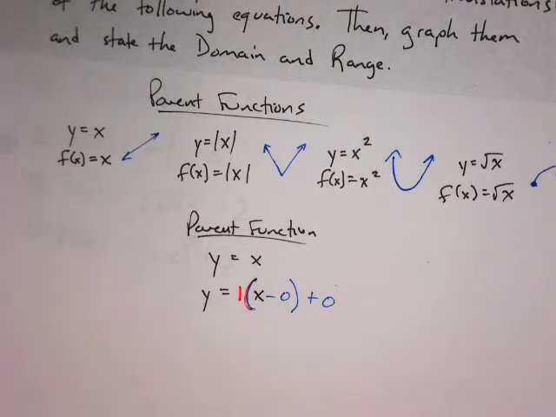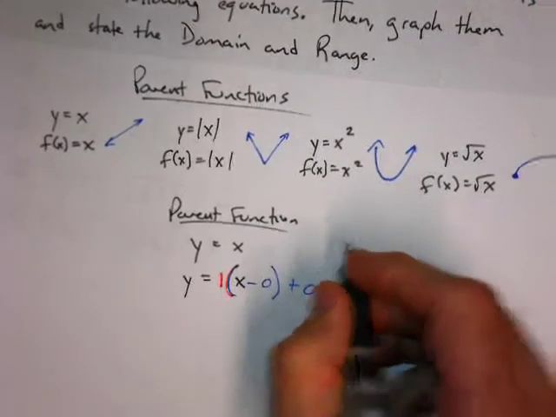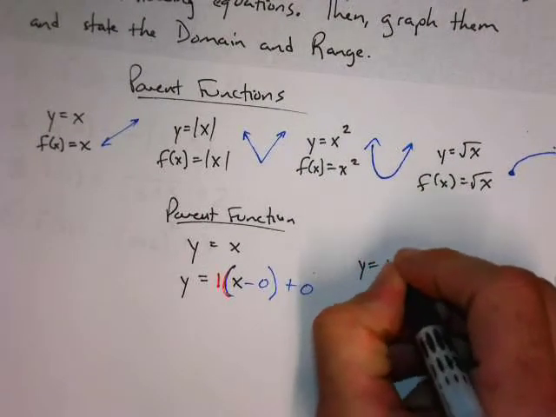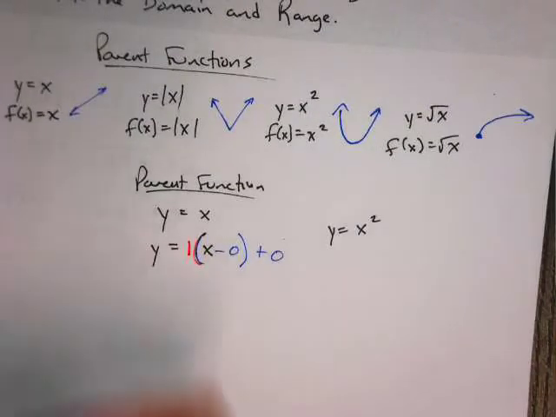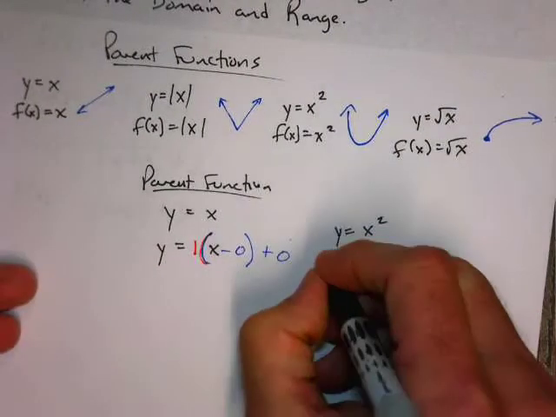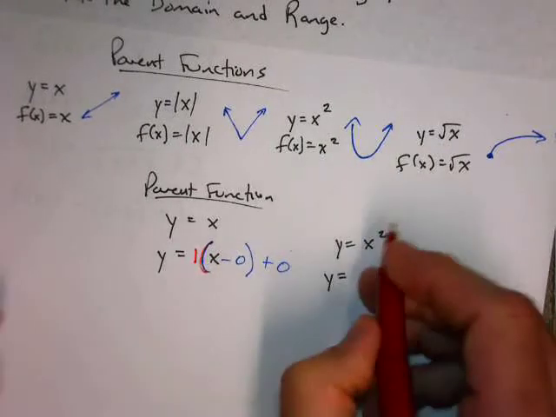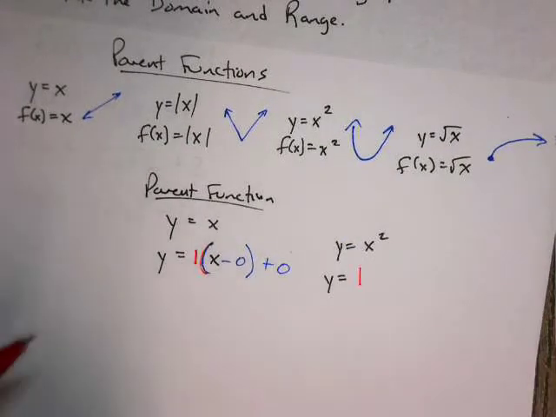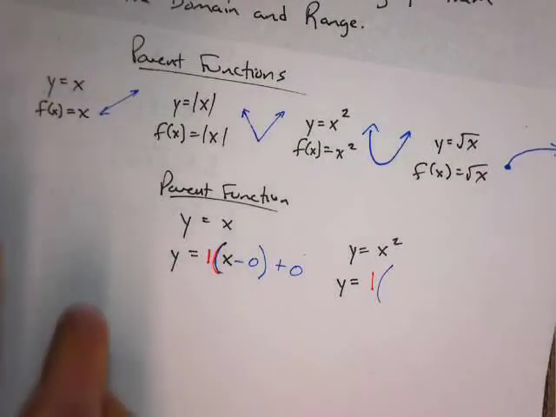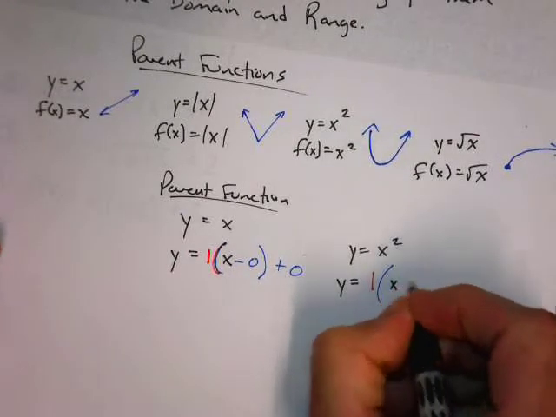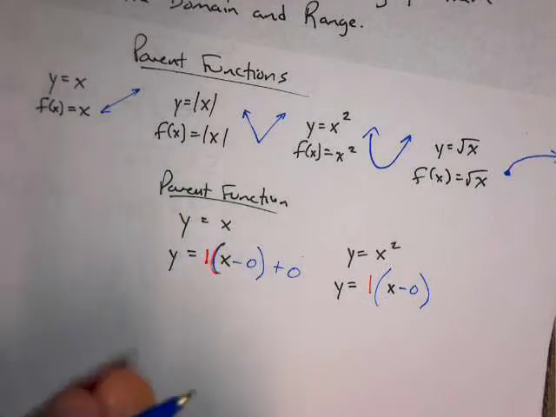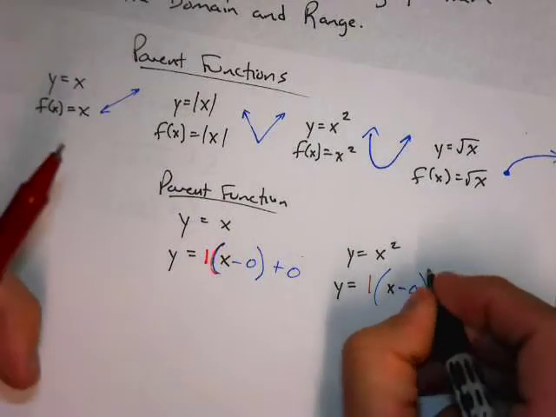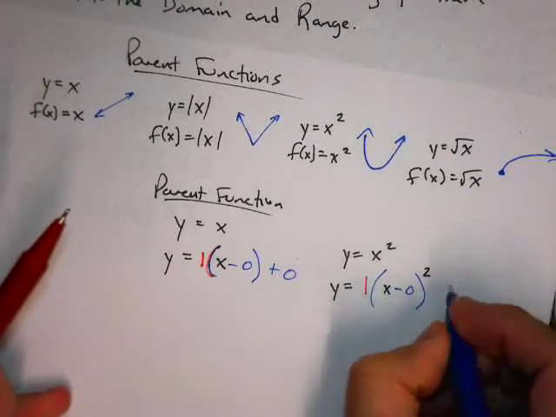And the same thing with actually all of these. I'll pick another one. For example, y equals x squared. There's stuff happening to it, we just don't see it. So this is y equals 1 times x minus 0, but this time that x minus 0 is being squared, and then we're adding to that another 0.